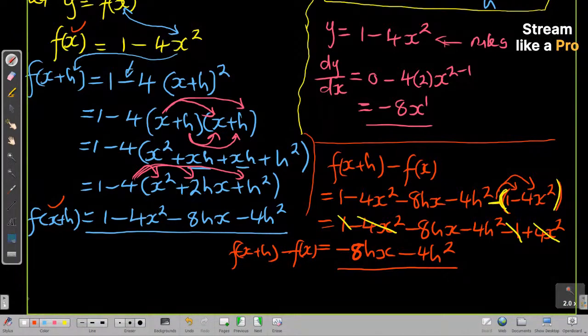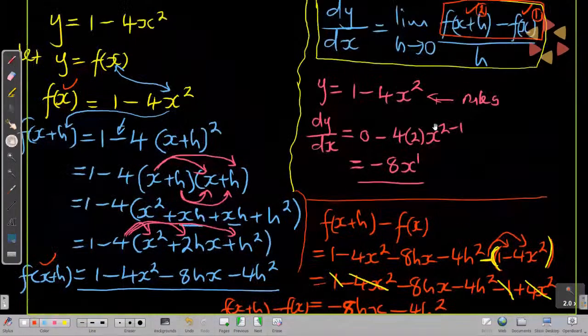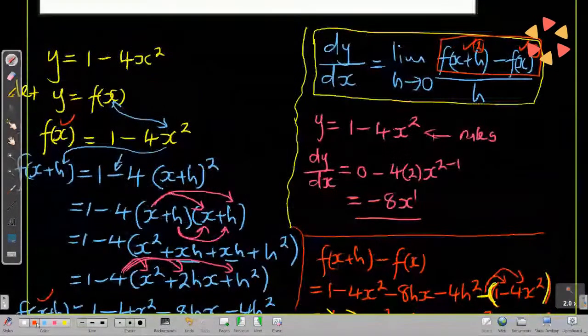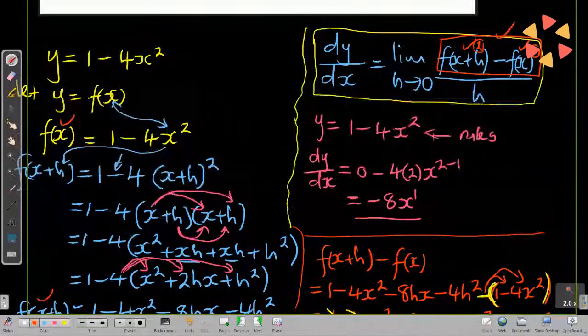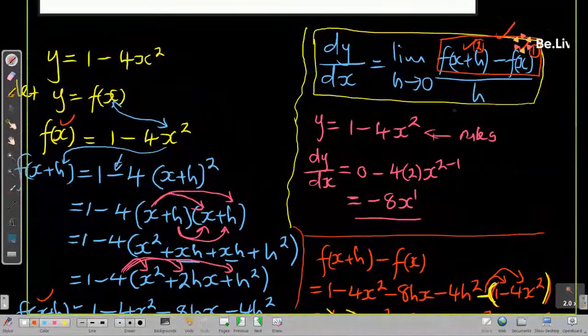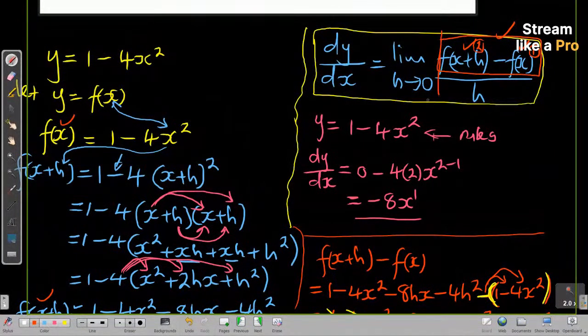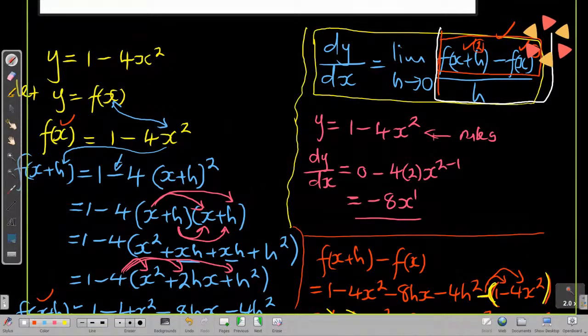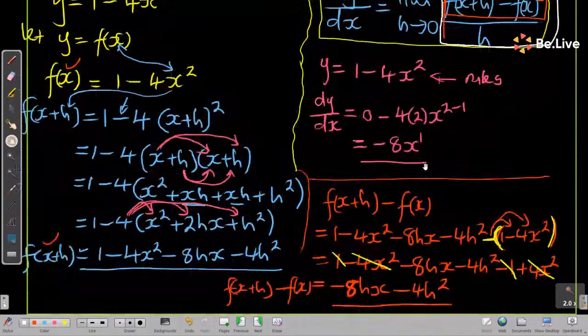All right, so if I go back to my formula, I've simplified that particular bracket. Now the next thing that I need to do is to have it in this format whereby I write all of it like that, whereby now I'm dividing by h. So how do I bring about it?